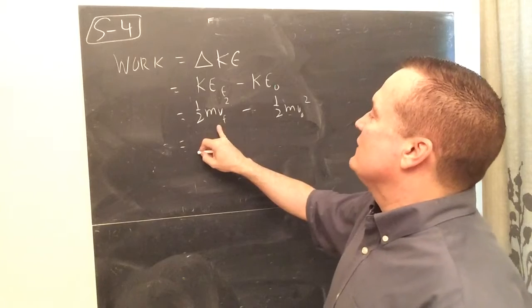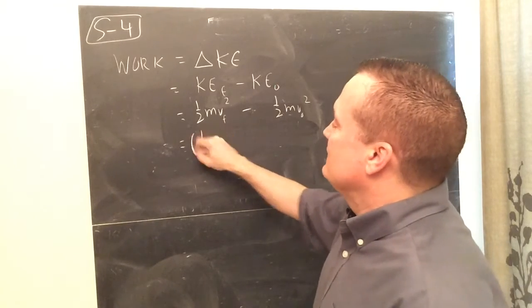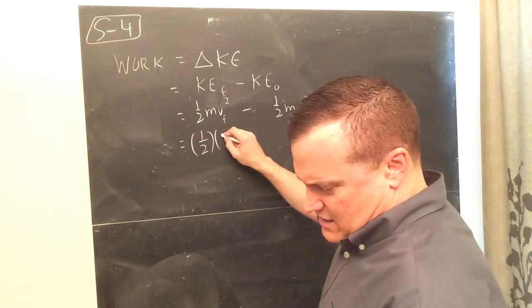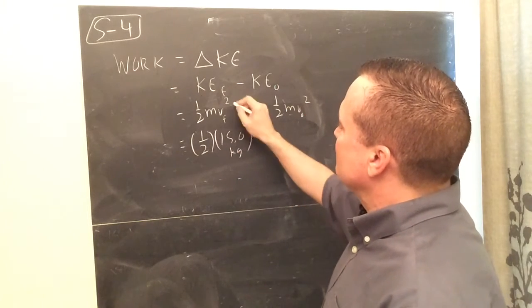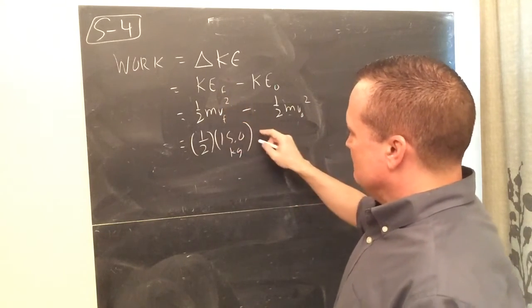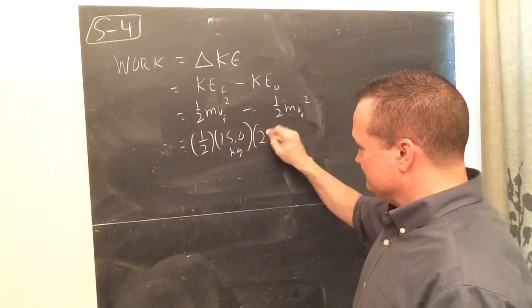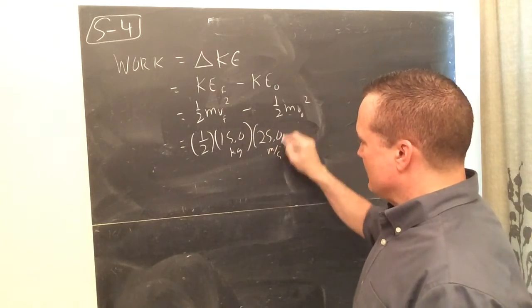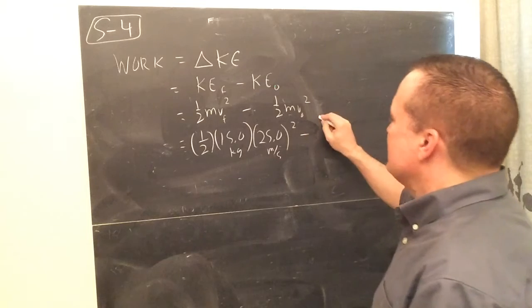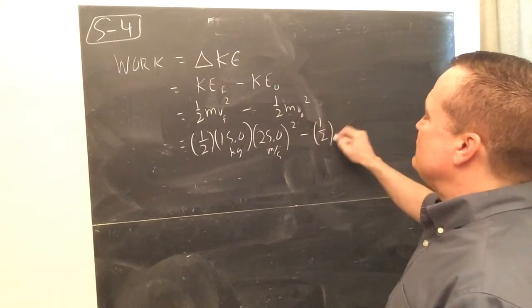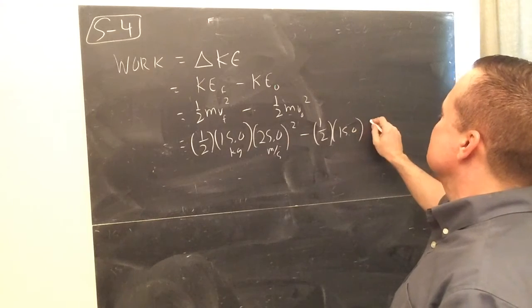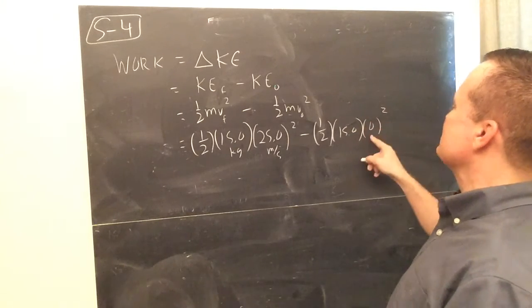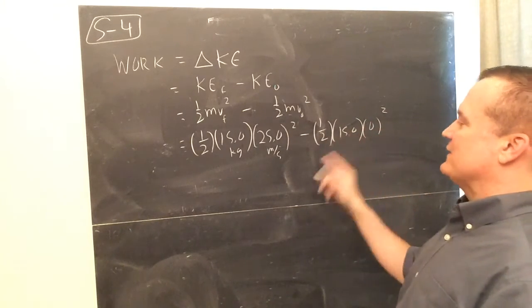Okay, so the final velocity was 25, so 1/2, and it said it was 15 kilograms, and the final velocity was 25, and you're going to square it. Minus, now you'll like this, if you start from rest, that makes the math pretty easy because look at this, 0! You get to square 0, and so that becomes nothing right there.